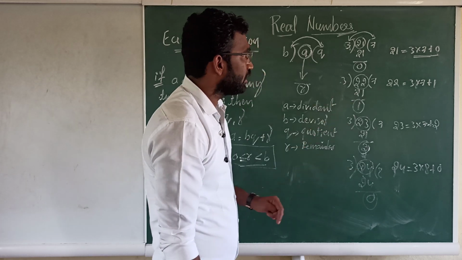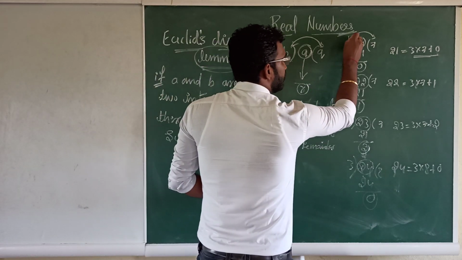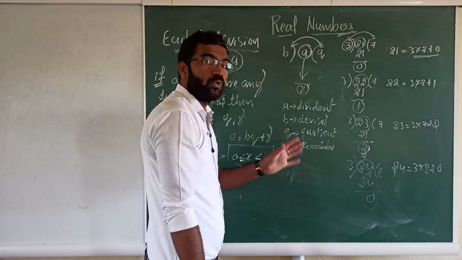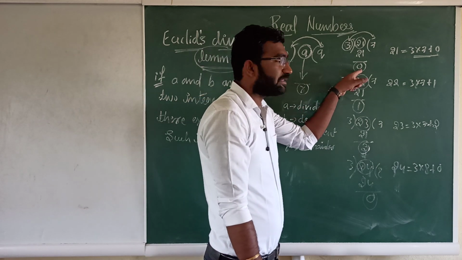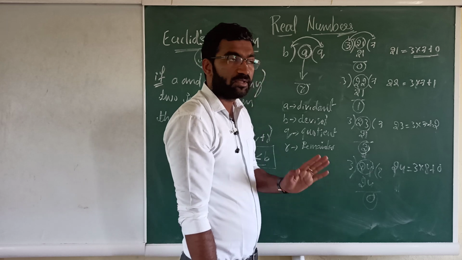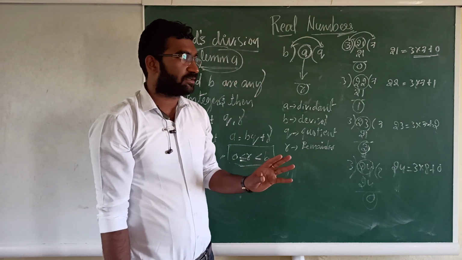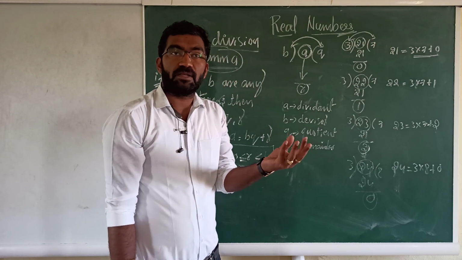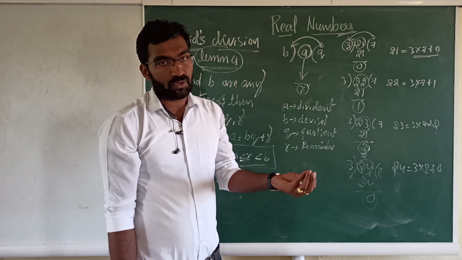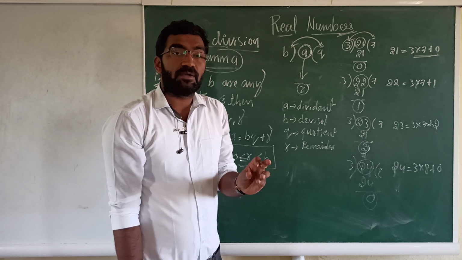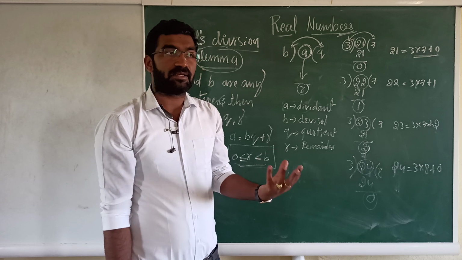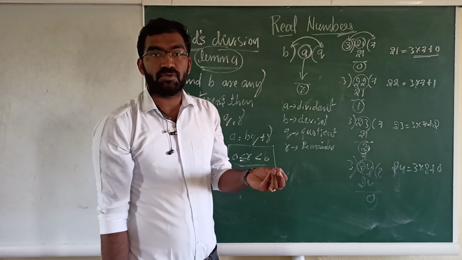So that is what I am trying to tell you. If you are dividing by 3, the remainder may be 0, 1, 2. If 3 comes as the remainder, it will divide again, meaning you will again get the remainder as 0. So my conclusion is, if you are dividing by 3, the remainder may be from where to where? 0, 1, 2. If you are dividing a number by 4, what may the remainders be? 0, 1, 2, 3.